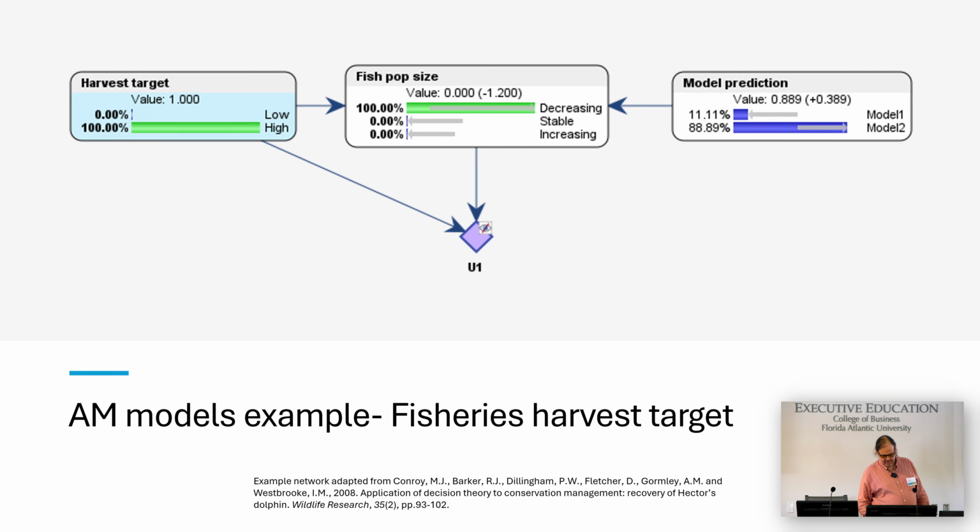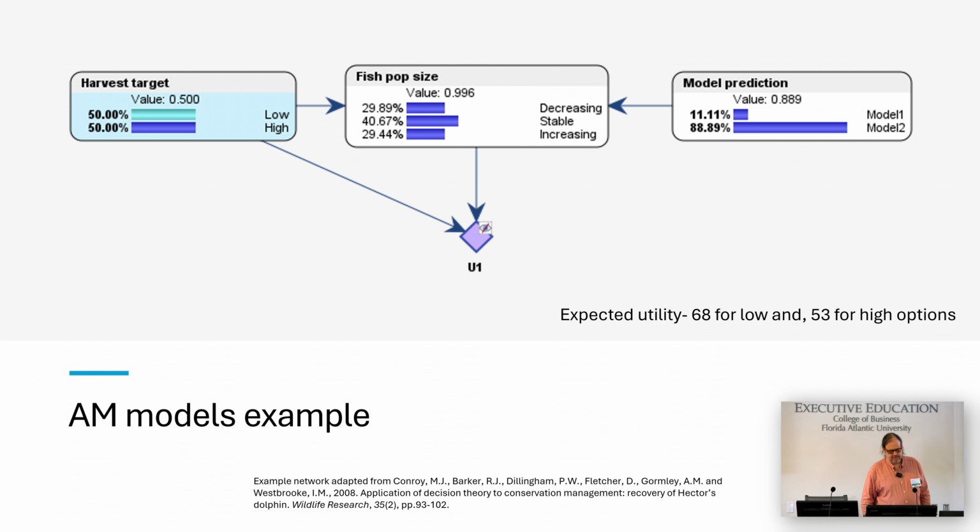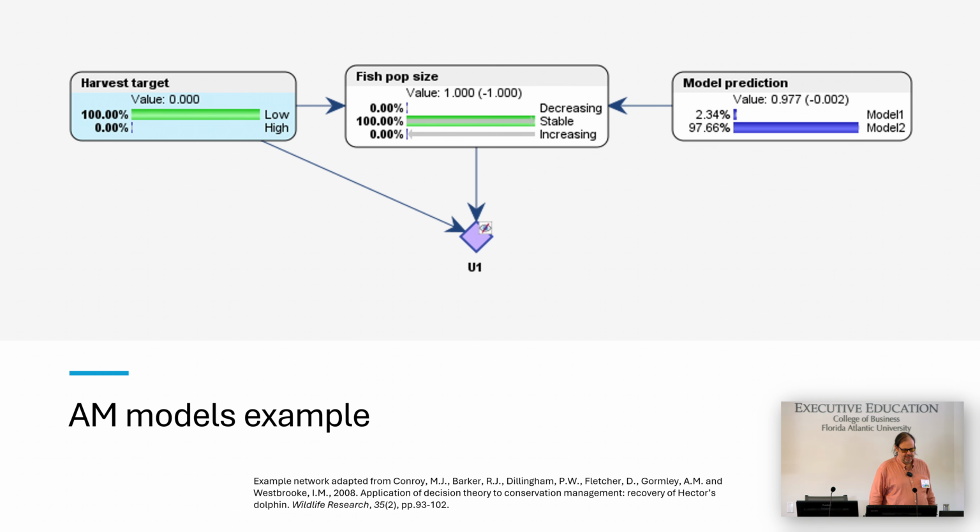We could take this for the next season and use these as our model weights for making the next decision. Now the expected utility is 68 for low and 53 for high. So we implement low this time, and we observe the fish population size is stable, and our model 2 weight increases to 98%. So we're almost certain model 2 is a better model to use than model 1.